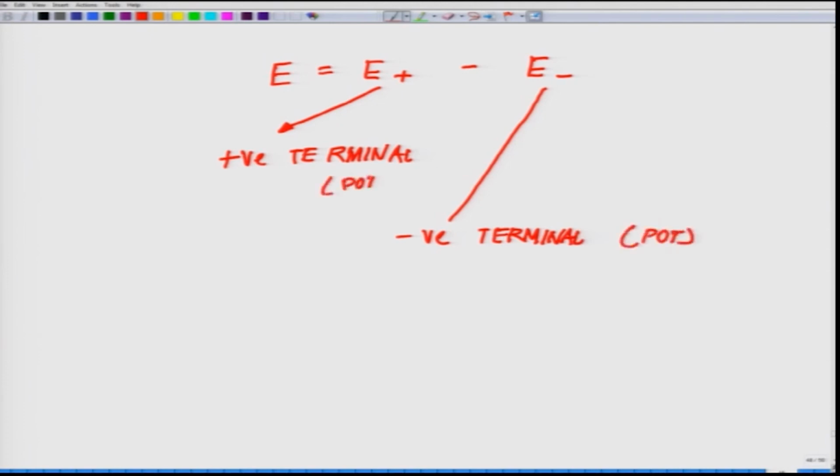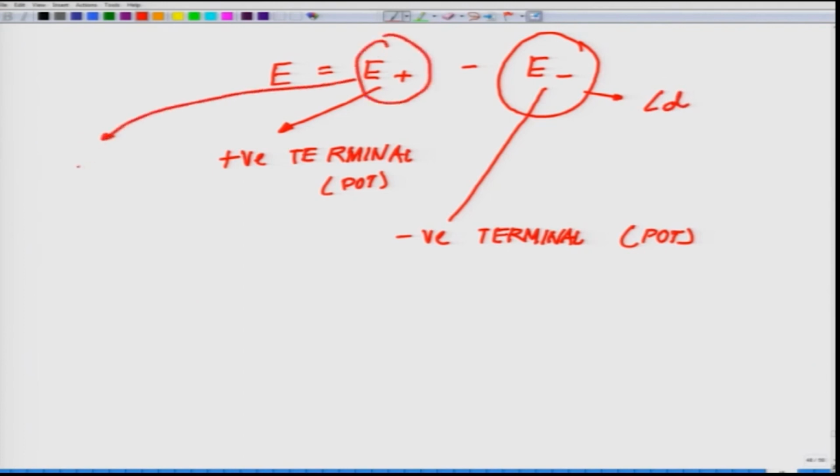So, that way if you look at it, this is the potential you have on the cadmium in our case when we talked about it, and this will be the potential observed in the case of silver, because this is attached to the positive terminal of the potentiometer. Okay. So, keep that in mind.